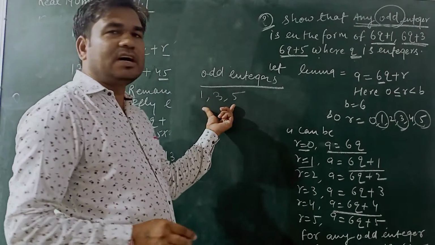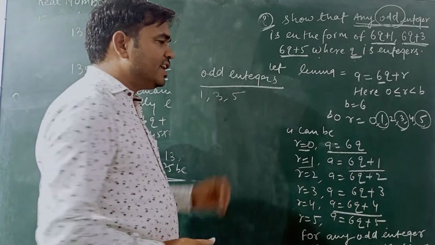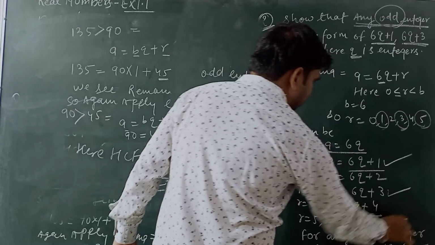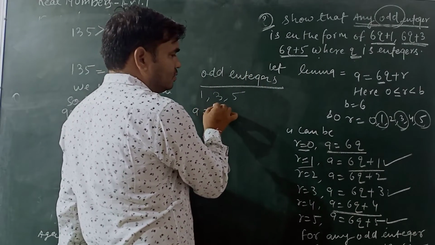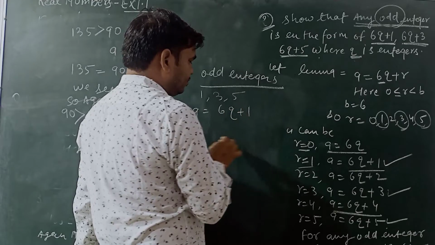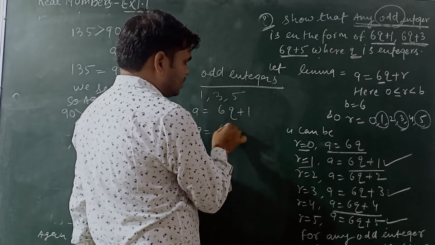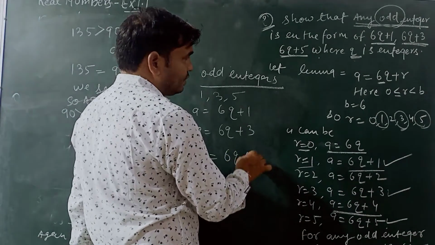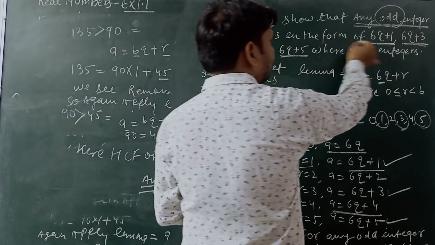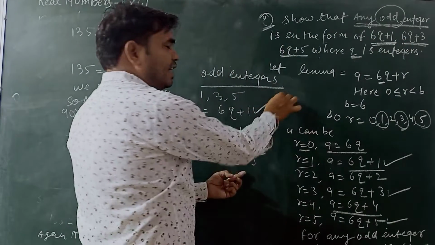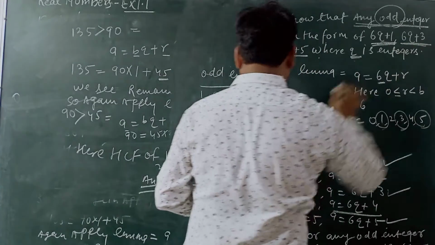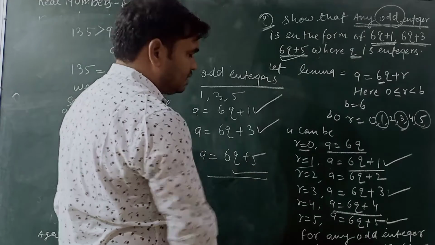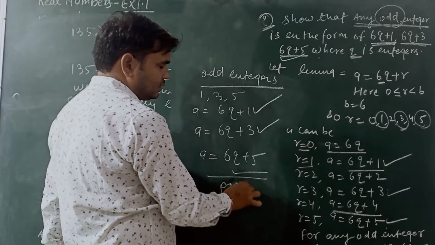So we can take only odd integers. So here a = 6q + 1 and a = 6q + 3 and a = 6q + 5. So here you see, students, the form 6q + 1 we get here, and 6q + 3 we also get here, and 6q + 5 we also get here. This is satisfied and proved.